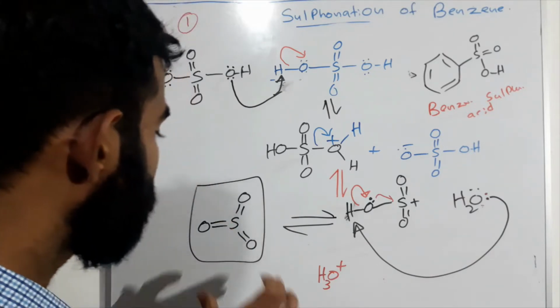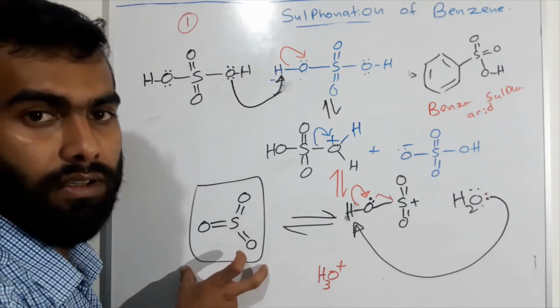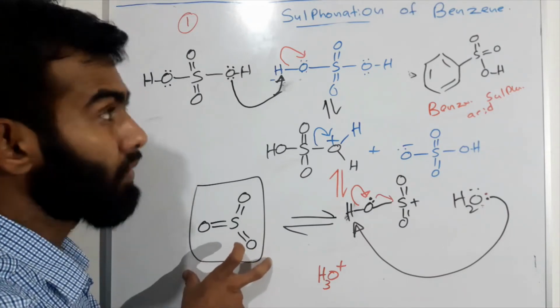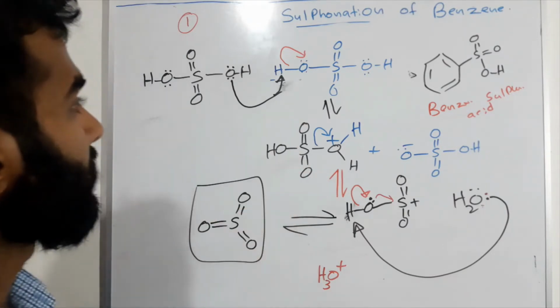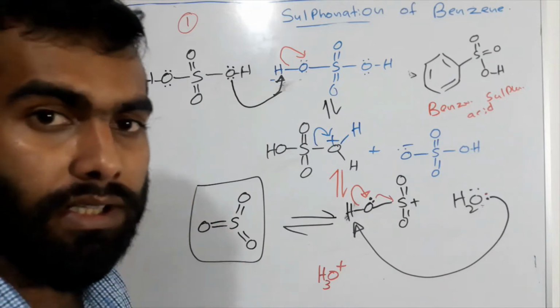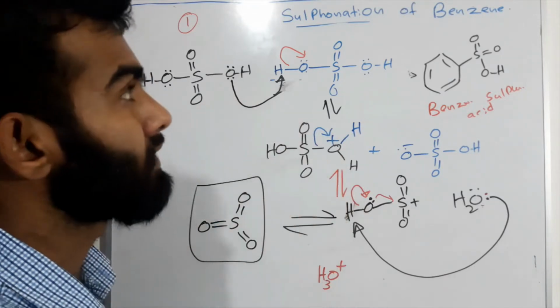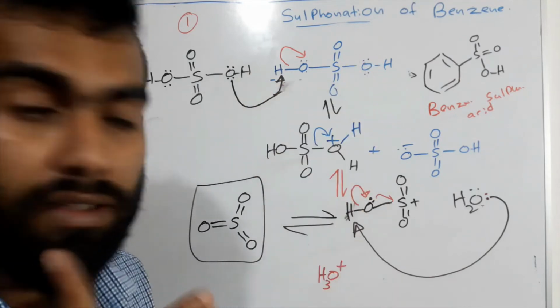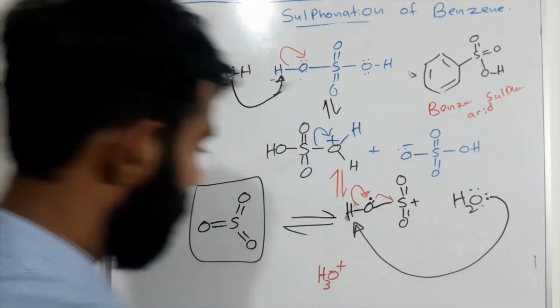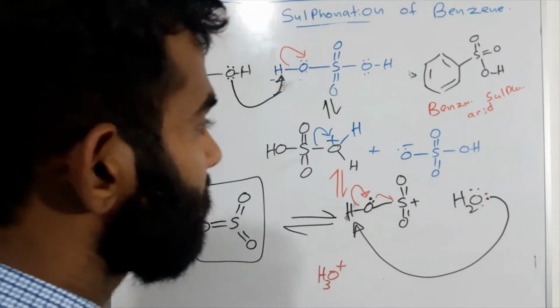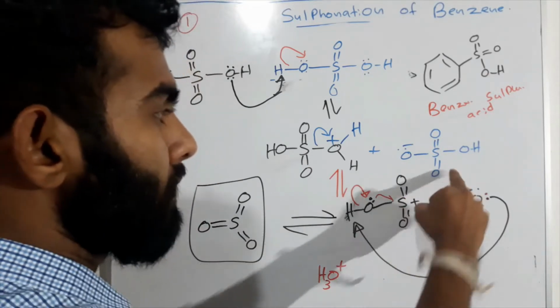So now we produced this. We can use this product to obtain the electrophilic substitution product of benzene, which means sulfonation of benzene. Here another product was formed. What is that?